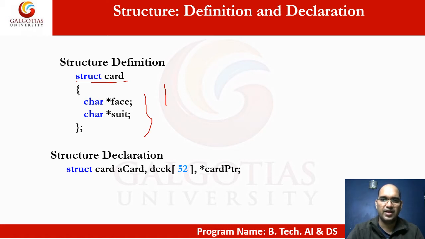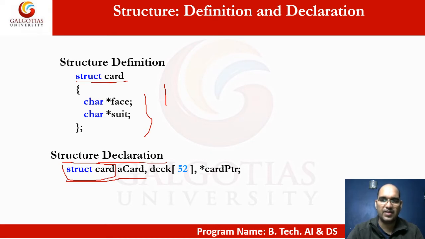But when we do the declaration, the compiler does two things. The first is it reserves the space and gives a name to that space, a card. So when I write struct card a card, the space will be reserved for a card, and that space is equivalent to the space required by the struct card.